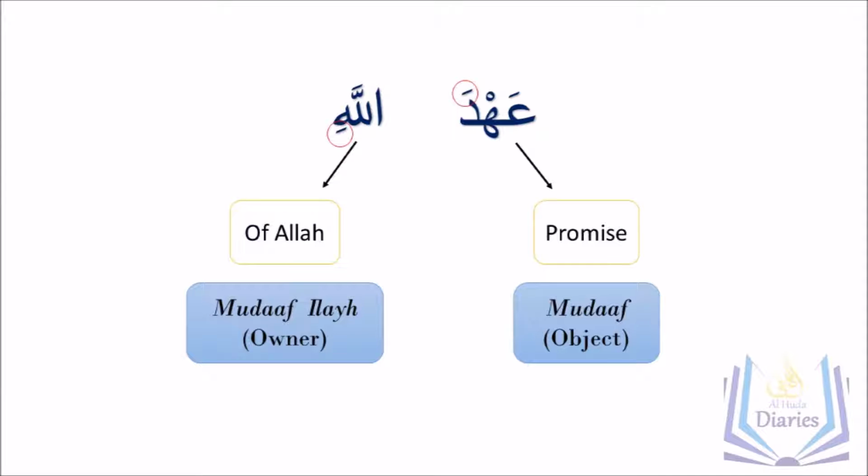So the subject, the person doing the action, is they, and they are breaking what? On what is the action of breaking being done? On the promise. Therefore, Ahd is in the state of mansub and it gets a fatha.